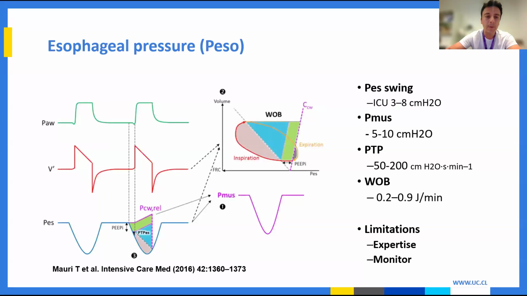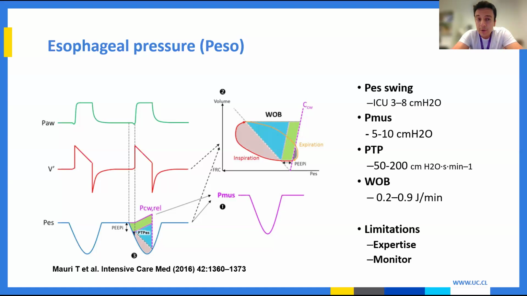We also said that with esophageal pressure we can derive different parameters in terms of the swings, based on observations of how people breathe during quiet breathing at rest. Usually, the swing of esophageal pressure would be between 3 and 8 centimeters of water.